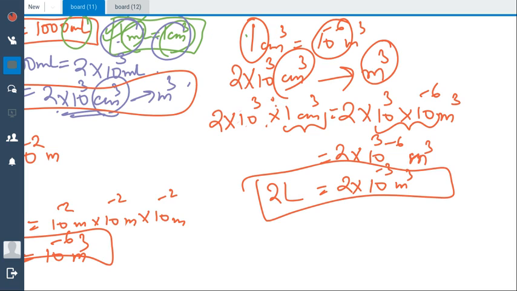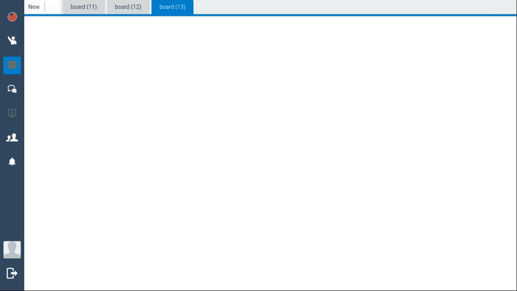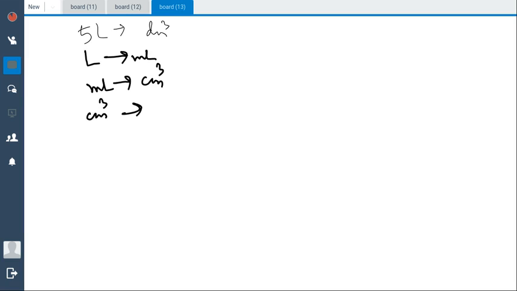If I ask you one more question: convert 5 liters to decimeter cube. This is very easy. First, liter can be converted into milliliter, milliliter can be converted into centimeter cube, and finally, centimeter cube has to be converted into decimeter cube. So 5 liters will be equal to 5,000 milliliters.